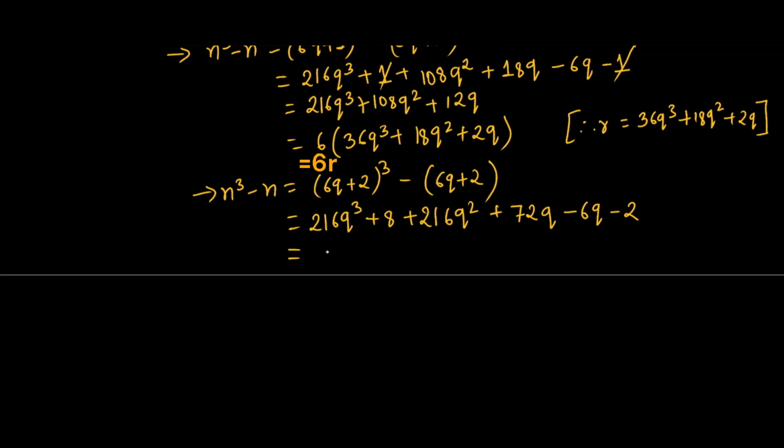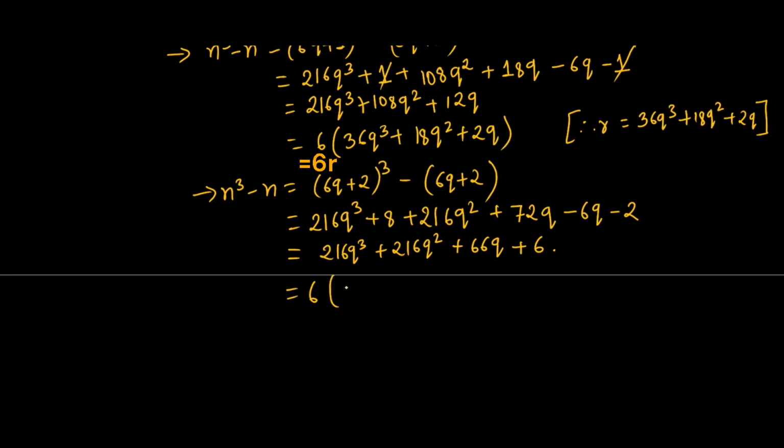So from here we will get 216 q cube plus 216 q square plus 66q plus 6. 6 will be common.